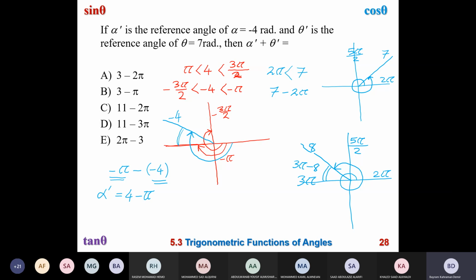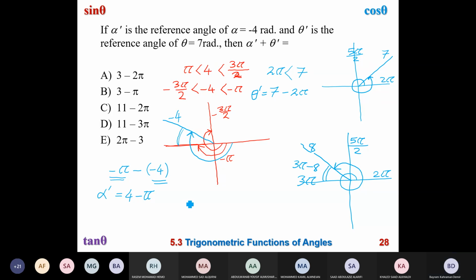All right. So, Shabab, now let's say we have theta prime. Theta prime is 7 minus 2 pi, and alpha prime is 4 minus pi.